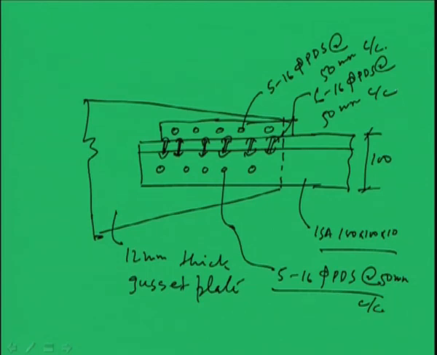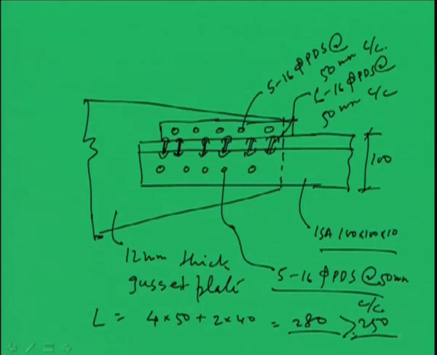So, in this way we can make it. Now, let us see the length of gusset plate required. That is, we have 5 numbers, that means 4 into 50 plus 2 into 40. So, this is coming 280, right, and in fact the total length was 250. So, which is not okay.